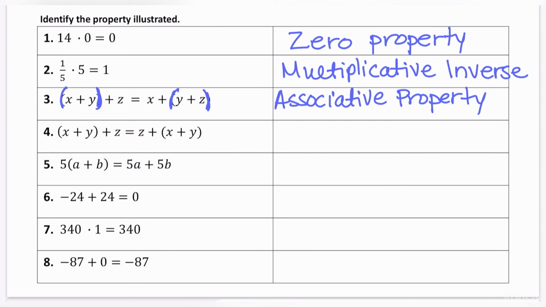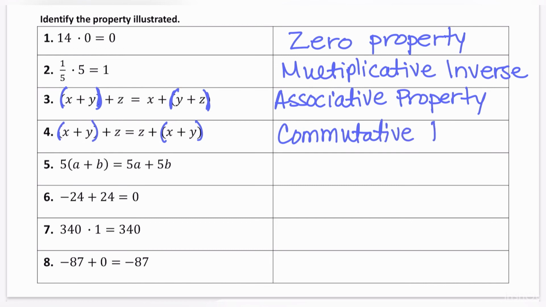In the first group, I have x plus y. In the second group, I also have x plus y. So what's in parentheses actually has not changed. What has changed is the order. So this is actually the commutative property of addition.